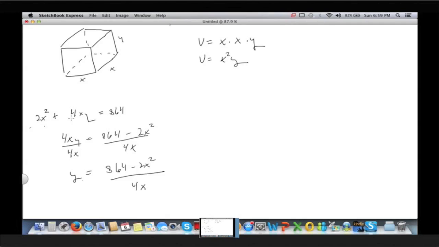More importantly, the x's were different. One was squared and one was not, whereas the y was not squared. So your first instinct was a good one, to solve for y.